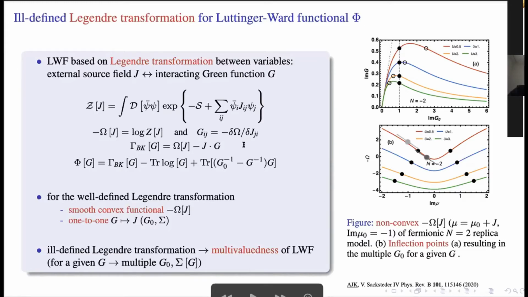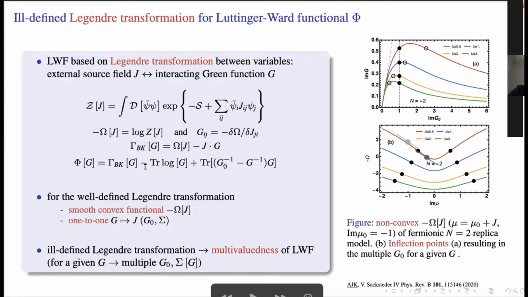Then we can apply the Legendre transform to get the two-particle-irreducible effective action, or the Kadanoff-Baym free energy functional, like this. Then the Luttinger-Ward functional is the universal part of the Baym-Kadanoff functional, or the effective action, defined like this.